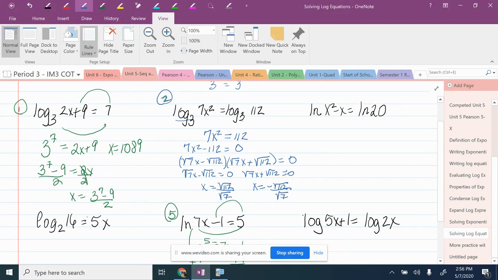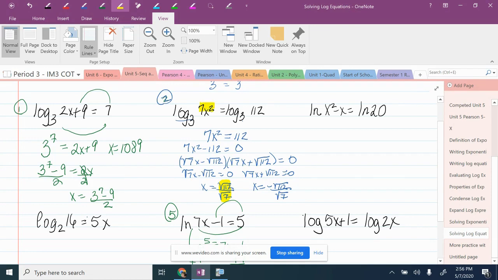Now, when we are working with logs, we need to check our solutions. Not so critical with the exponential because we know the input to any exponential function is all real numbers, so we don't have to worry about checking our solutions. But here we know the log is not the case. We do not have a domain of all real numbers. However, in this case, this is positive, and if I squared it, it will remain positive.